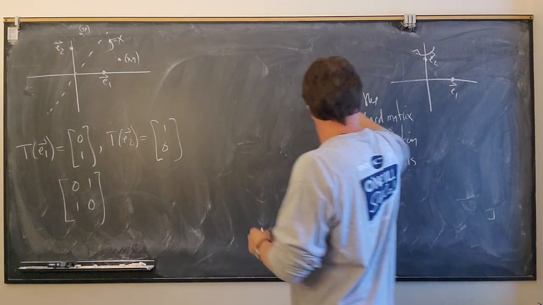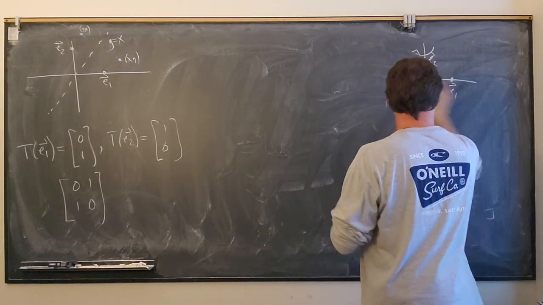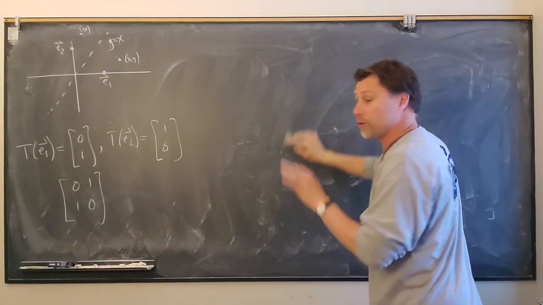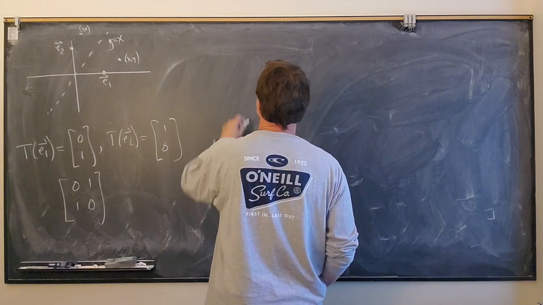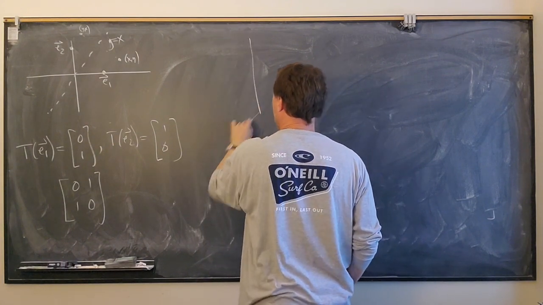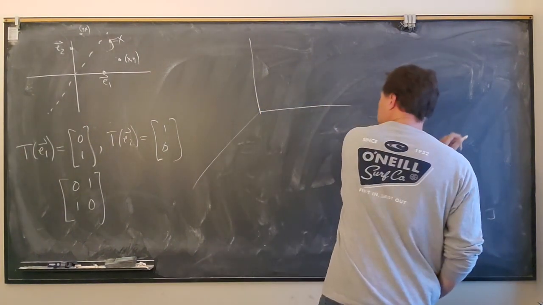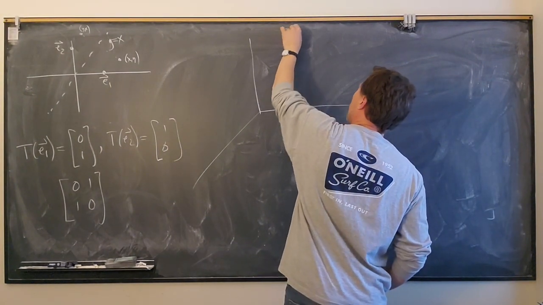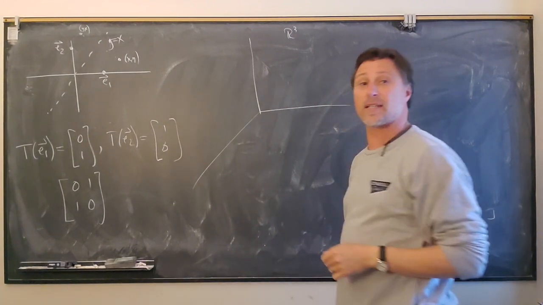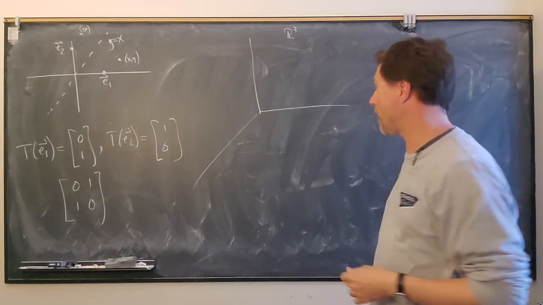Now, let's take things up one more dimension. You can also reflect R3 about certain planes. So here's a picture of R3. And what I want to do is reflect about the XY plane.